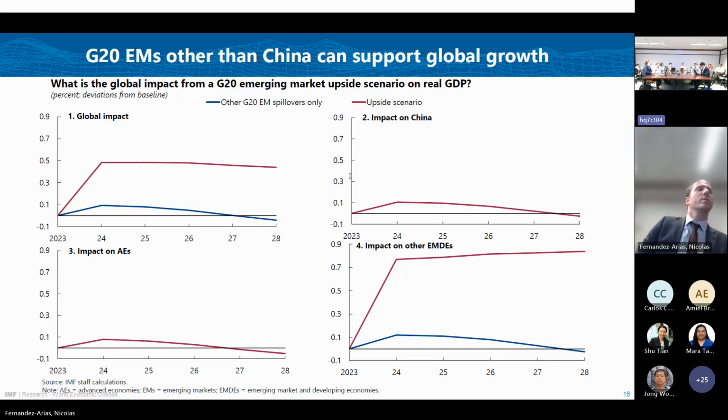In this scenario, global output goes up by 0.5%, with about 15% of this being caused by spillovers, 89% of the other G20. You see positive spillovers to China and advanced economies, as well as to each other in the fourth.